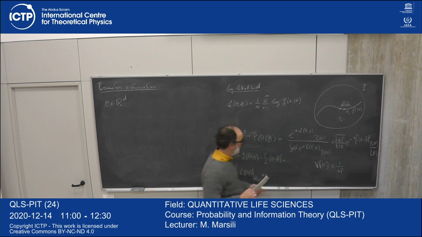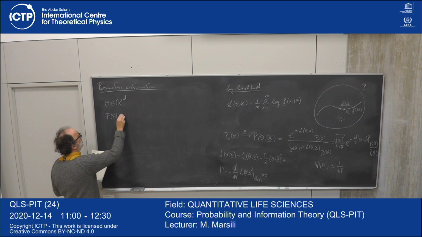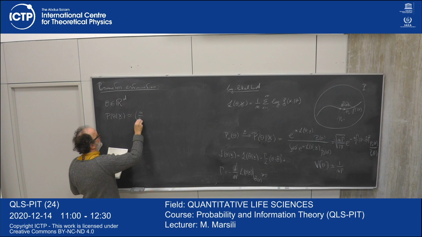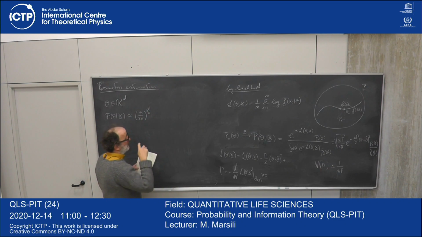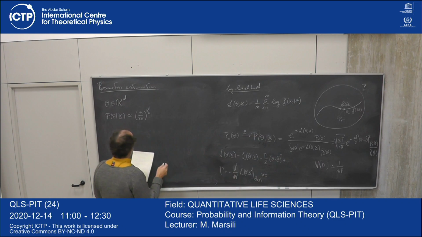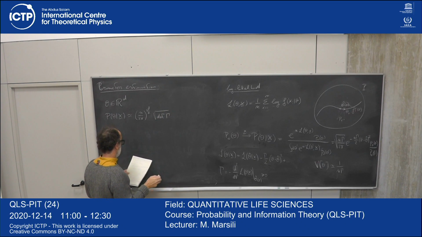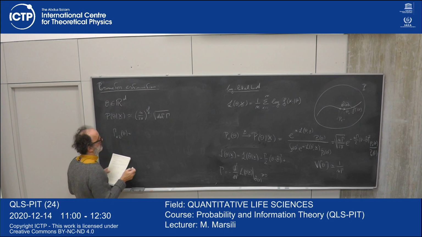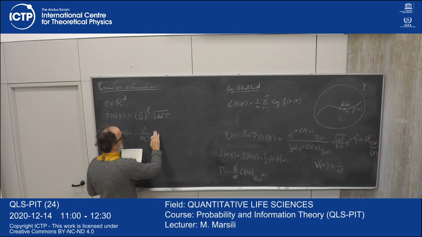Okay, and so what you have is that the posterior distribution on theta given x is going to be essentially n over 2 pi to the d over 2, because this integral is a d-dimensional integral, and then you have the square root of the determinant of this matrix gamma, where the matrix gamma AB of theta is the minus second derivative with respect to theta A and theta B of the log likelihood.